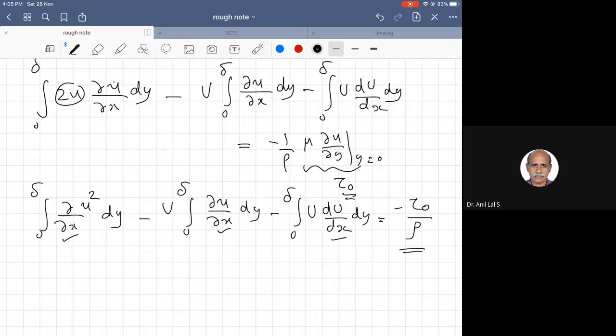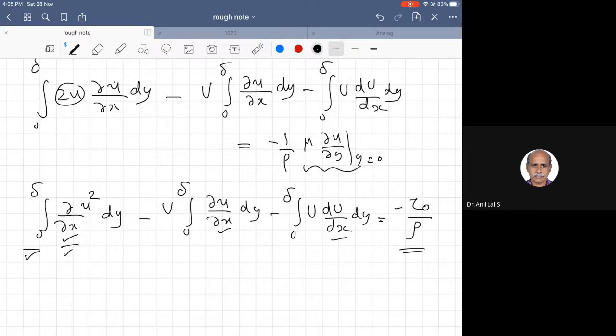Now one important mathematical simplification we will do. One mathematical step remaining: here integration is done outside, integration is done second and differentiation is done first. So first differentiation and second integration.